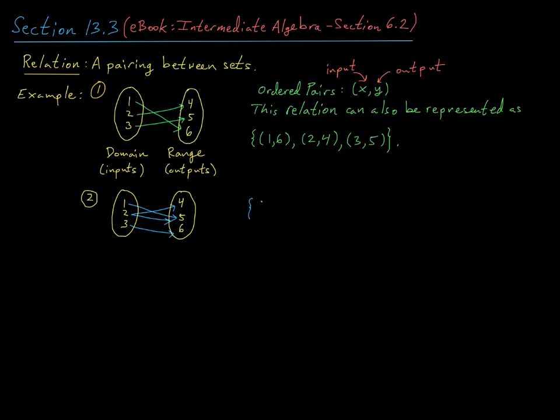So I could write down this relation as a collection of ordered pairs as well. (1, 5), (2, 4), (2, 5), and (3, 6). Okay. And one thing to notice here is that the input 2 is actually sent to more than one output, right? Sent to both 4 and to 5.